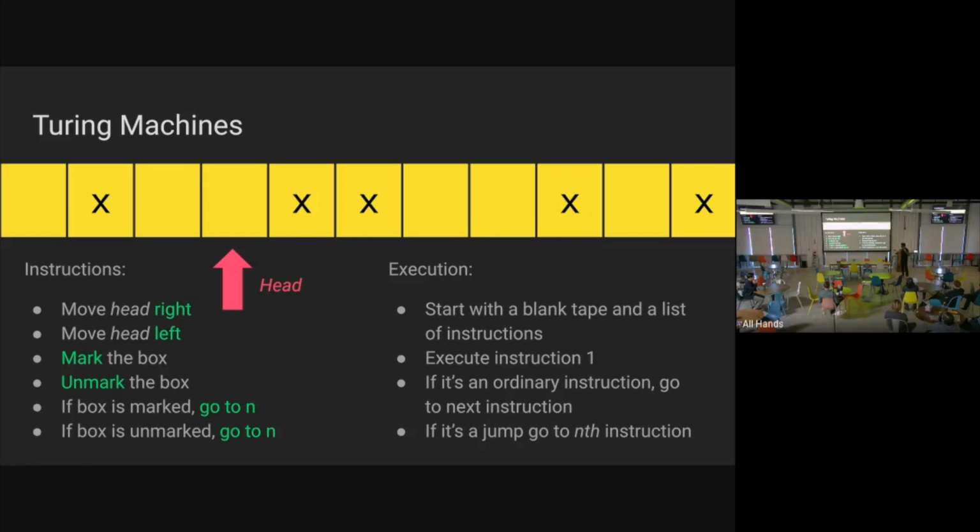And if it's one of these jump instructions at the bottom, then if it tells you to jump, you go to the nth instruction. Sound good? And basically, Alan Turing showed that this model is sufficient for all of computation. So anything that can be computed with just these primitives. That's all it takes.